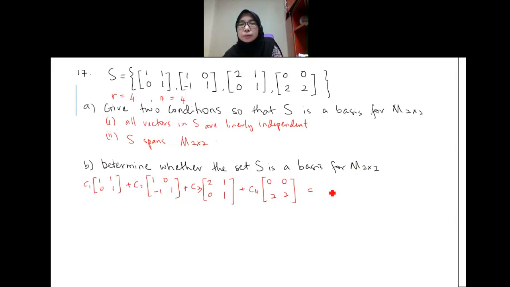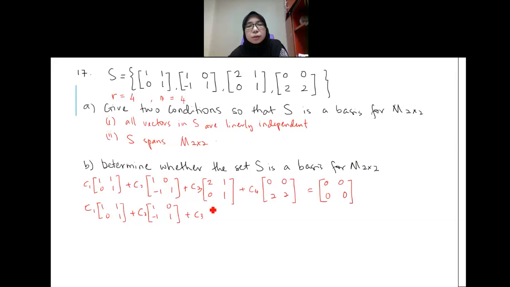For linear independence, you should get 0, 0, 0 right here. The next one is for spanning. For linear algebra, you should practice a lot.